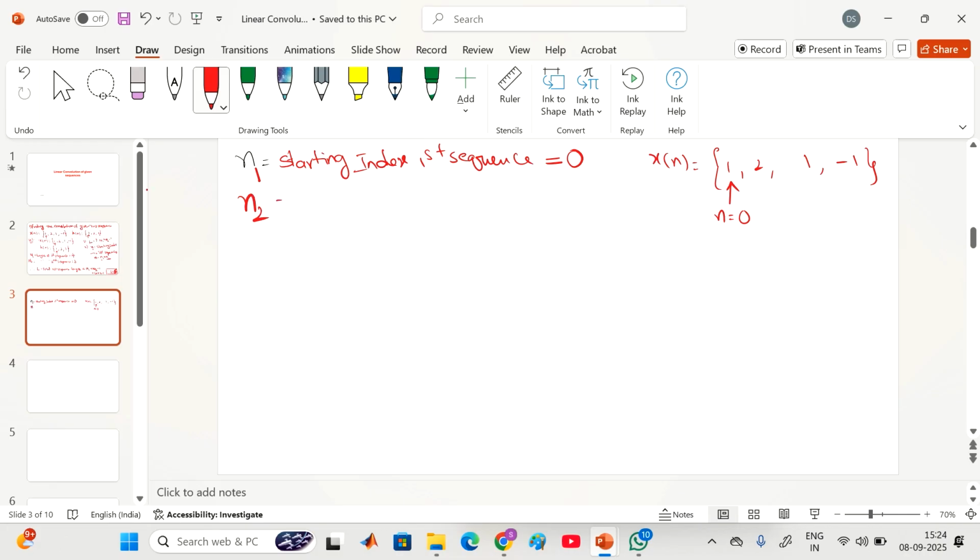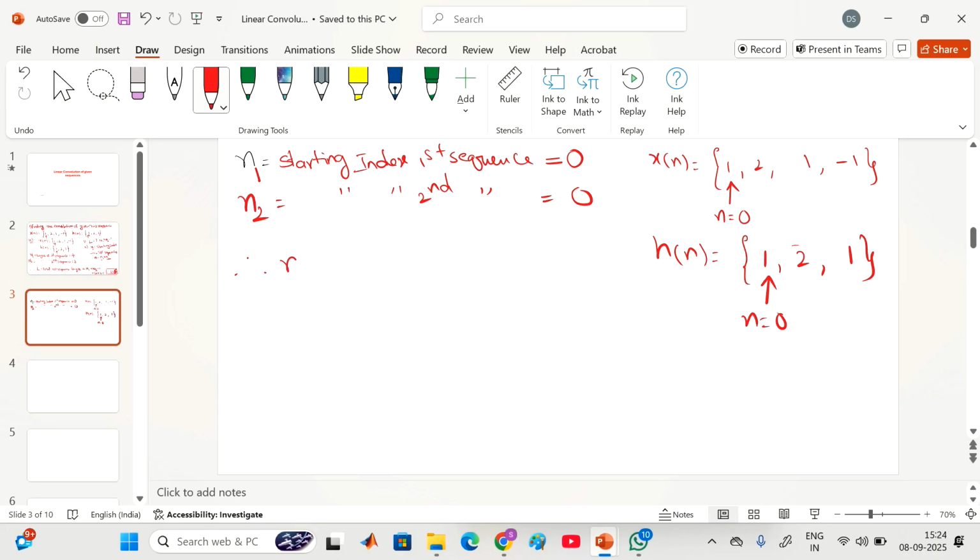Similarly, n2 is again the starting index point for the second sequence. If you identify h of n, this h of n has 1, 2, 1. So again, it is starting from n equal to 0. So therefore, n2 is also starting at the 0 point.